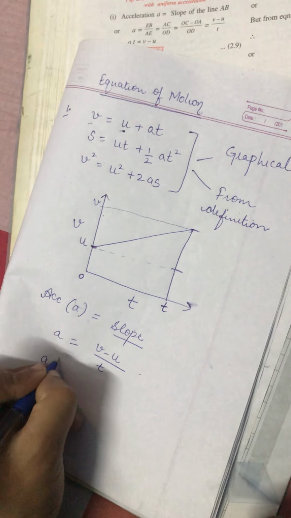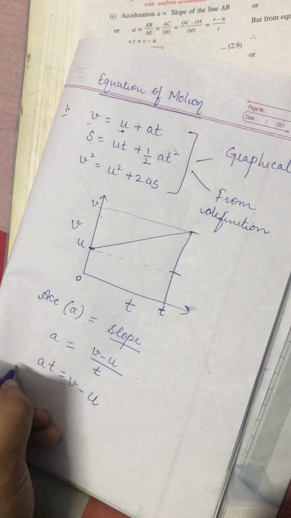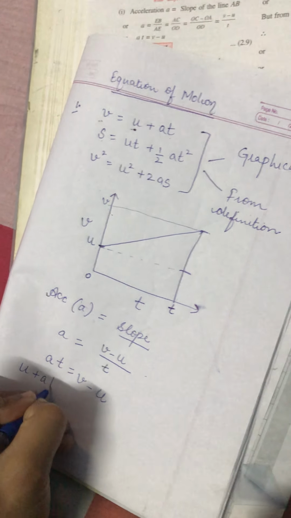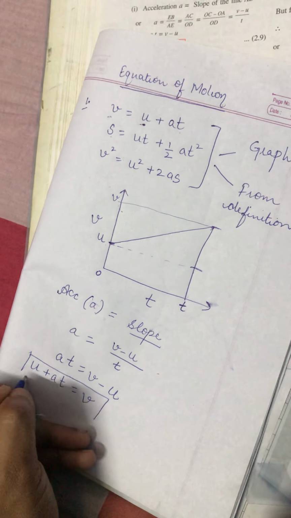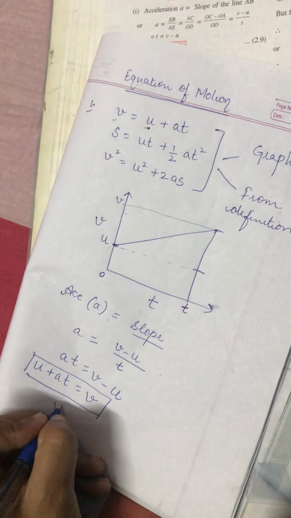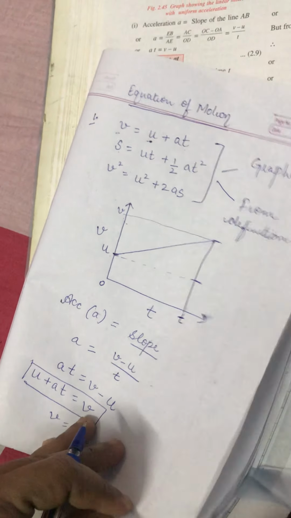So when you solve it, at is equal to v minus u, which gives u plus at is equal to v. So we are getting our first equation of motion, that is v is equal to u plus at.